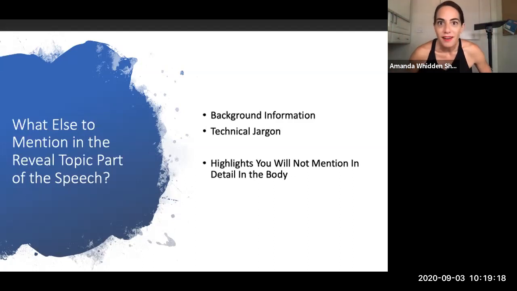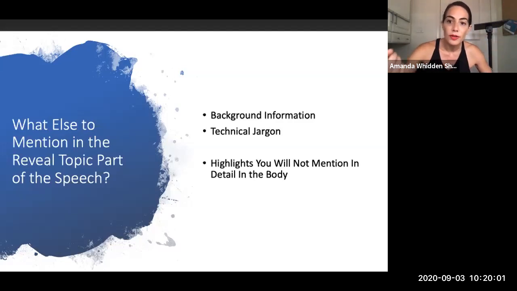The purpose of the reveal topic is not only to tell us what you are speaking about, but also to provide us with any type of background information that we may need to know about in the speech when we get there, but we are not going to go into it in the body of this speech. In this speech, each of you are going to be choosing strategic main points that you will maybe want to share with the audience. And so those things about your family or your job or what you like to do on weekends, these would not be the type of pieces of contextual information you would put in your introduction.